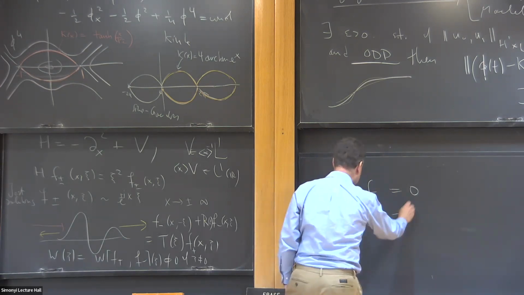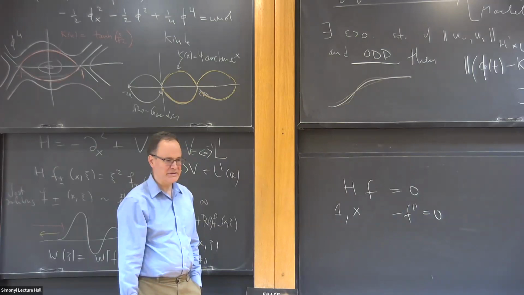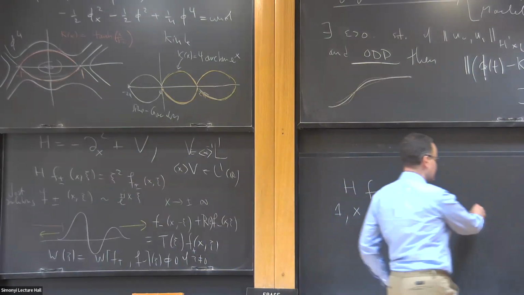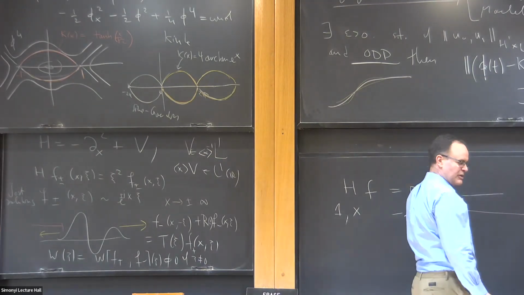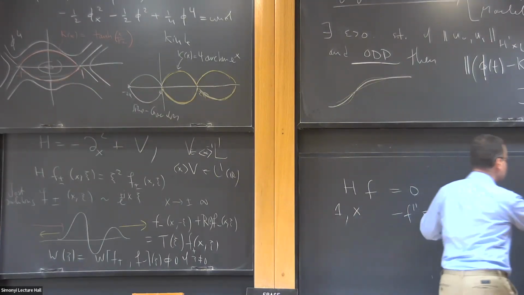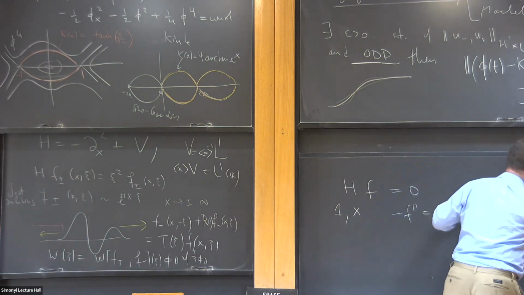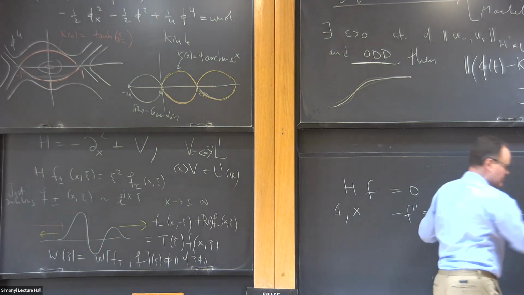So if you have minus f double prime equals 0, then here is your fundamental system of this equation. So at 0 energy with a decaying potential, if you send in a constant here, 0 energy means you send in 1. Generically, you will end up with c x or some other constant like this, all right?